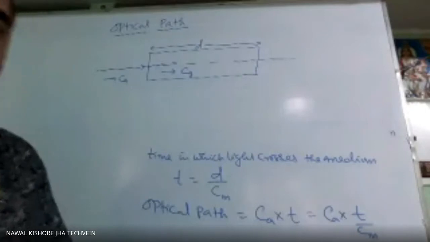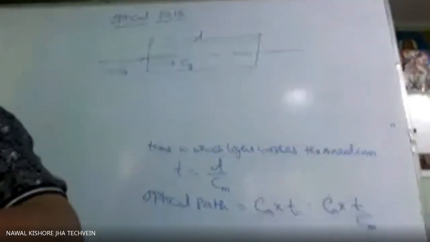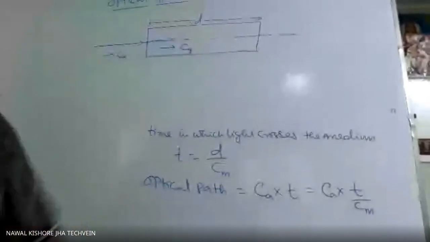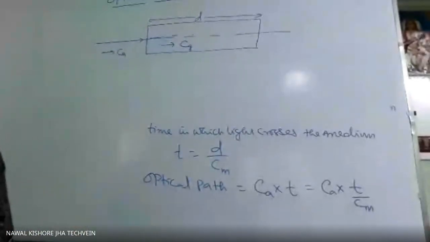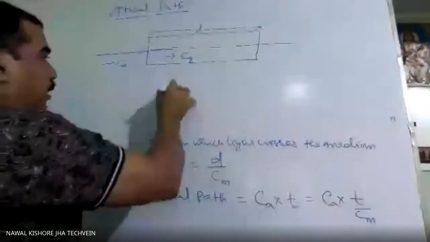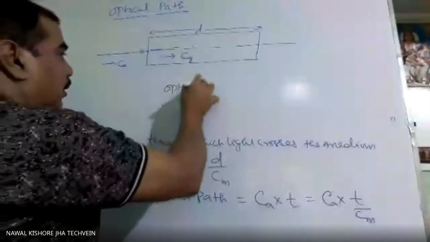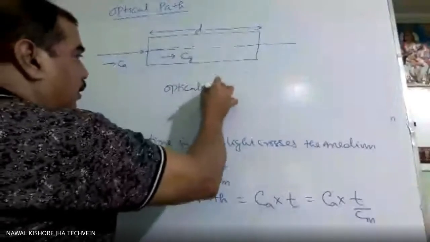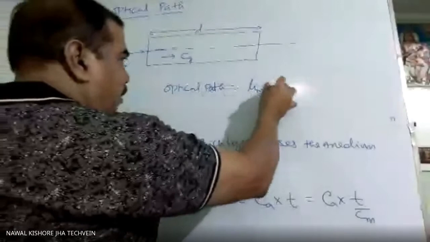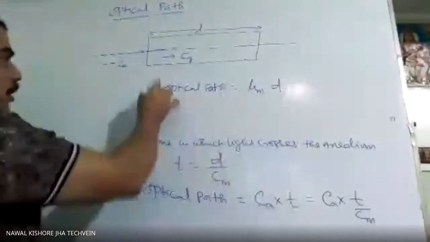Now the speed of light in air by the speed of light in that medium, what is that? It is the refractive index of the medium. So naturally this optical path is the refractive index of the medium into d.